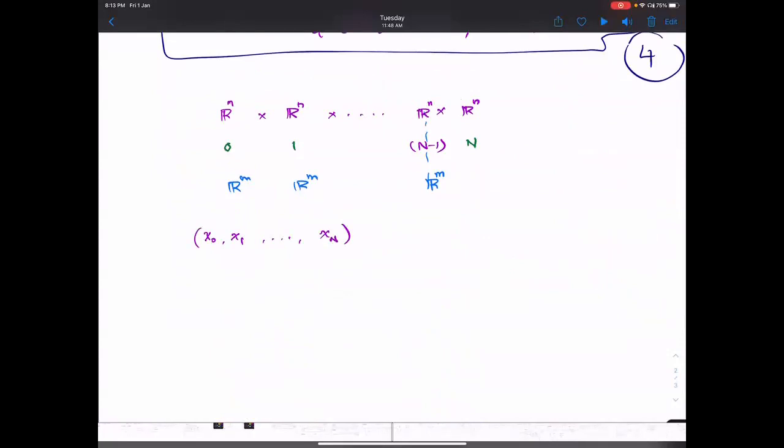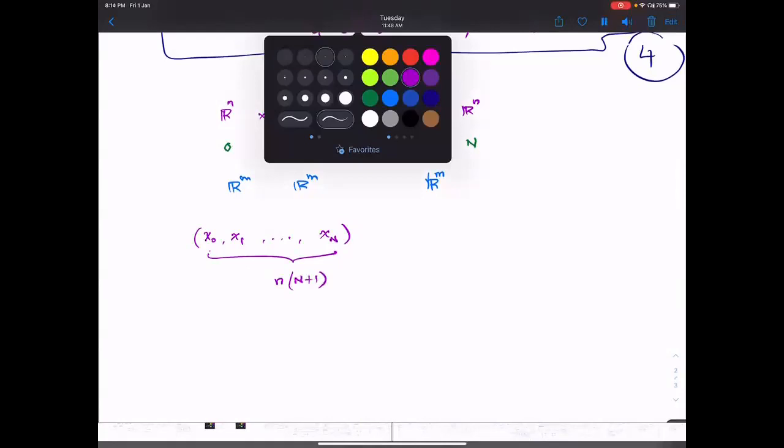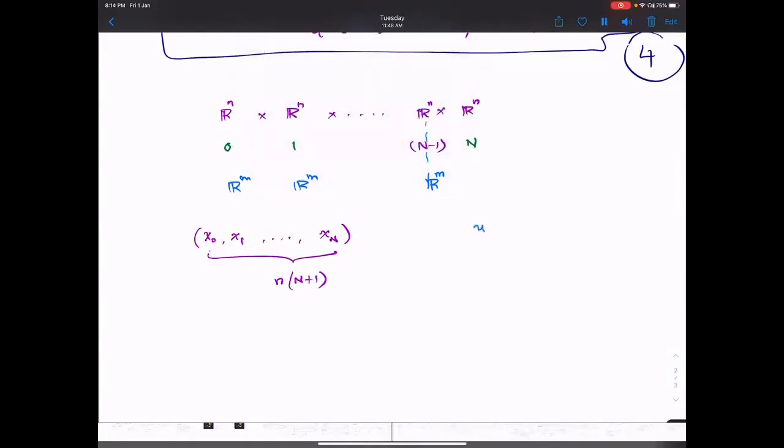Please note at each of the stages, x naught belongs to R small n, x1 belongs to R small n. So now you are having a state space of capital N plus 1 into small n.